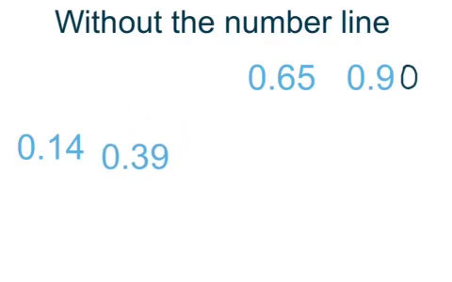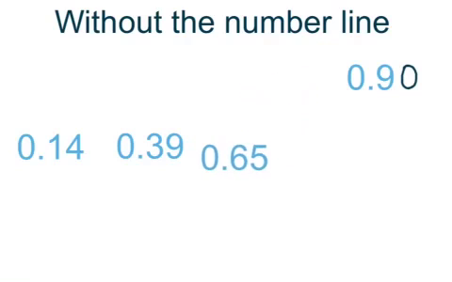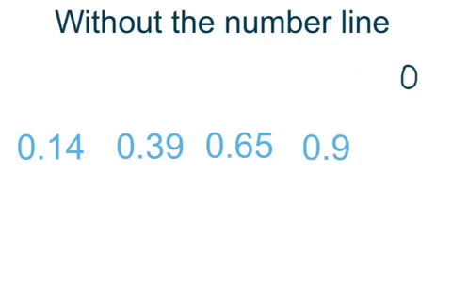Then my 39 hundredths would be next, followed by my 65 hundredths, and then finally ending with my 9/10 or 90 hundredths. I'll tell you when I actually wrote this out, I did not mean to put them in order to begin with, but apparently they were. Okay, so that would be the order they would be in if I wanted to be from least to greatest.